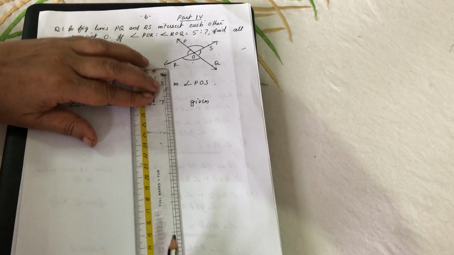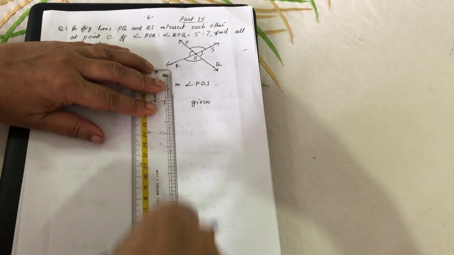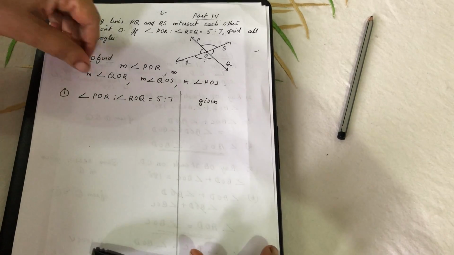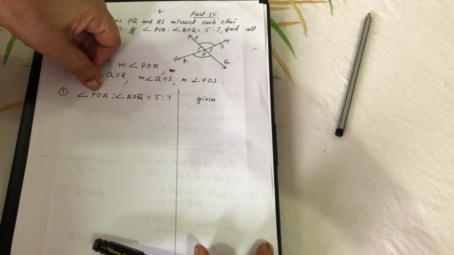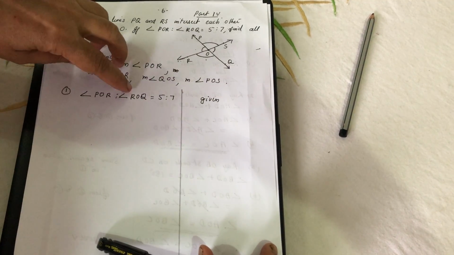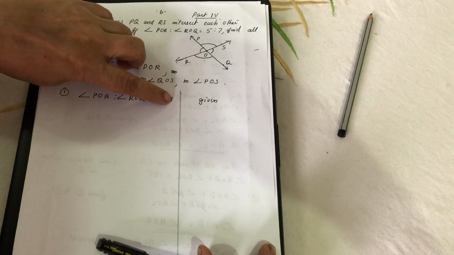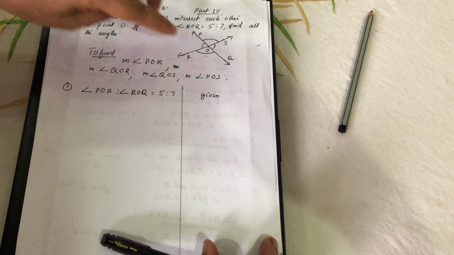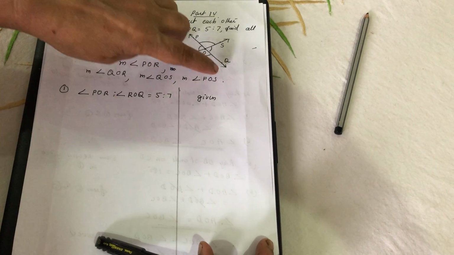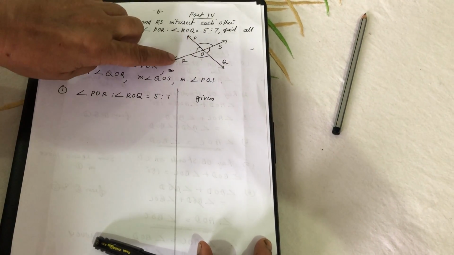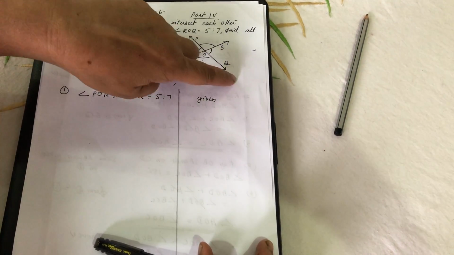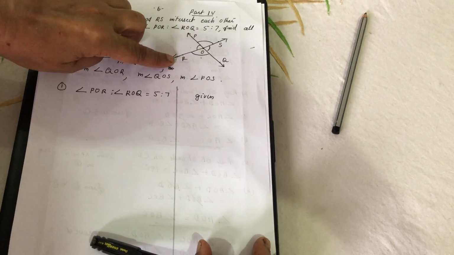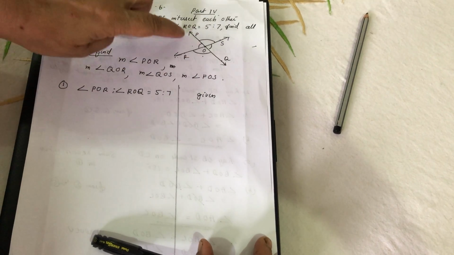What do you mean by this? That means you can take angle POR as 5x, angle ROQ as 7x. Then what is the sum of POR and QOR? Because OR is the ray standing on PQ, POR and QOR are a linear pair.